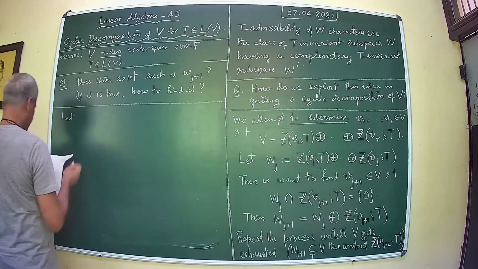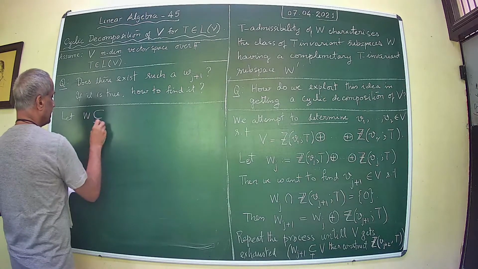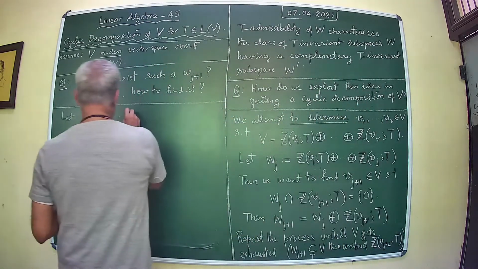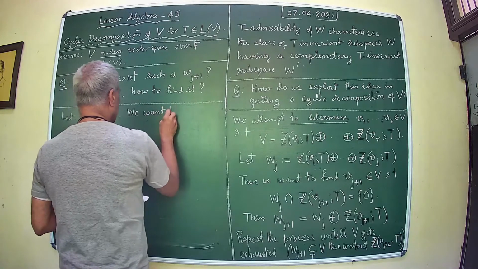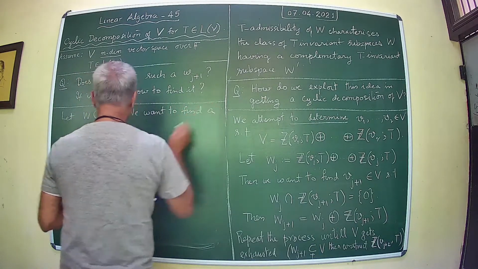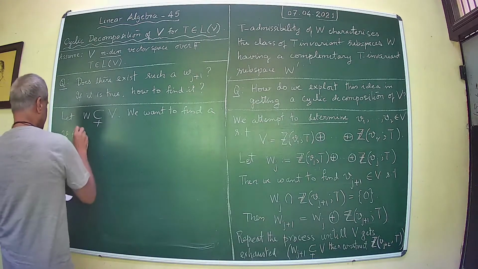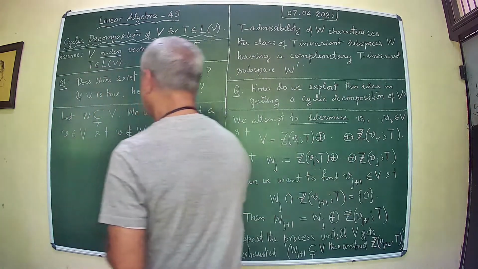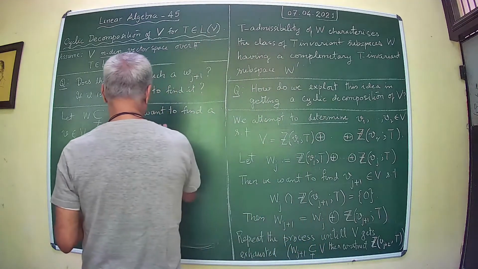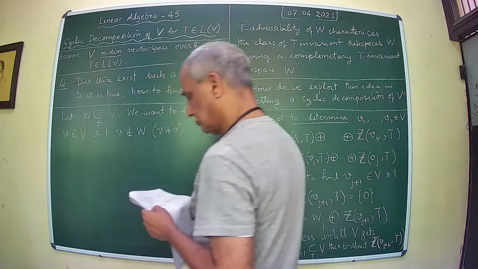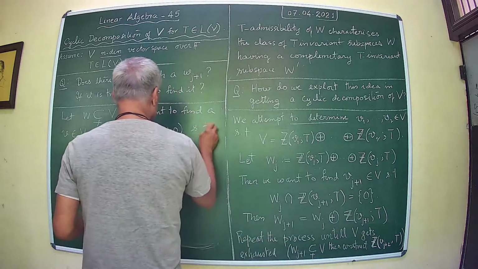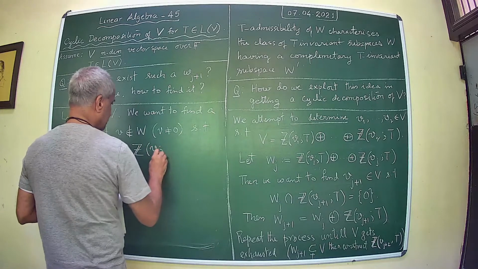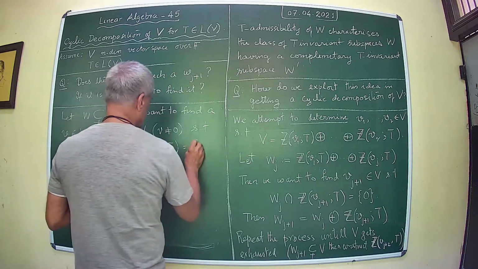Let W be a proper subspace. We want to find a V belonging to V such that this holds.